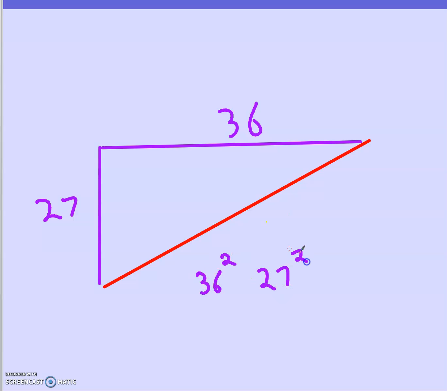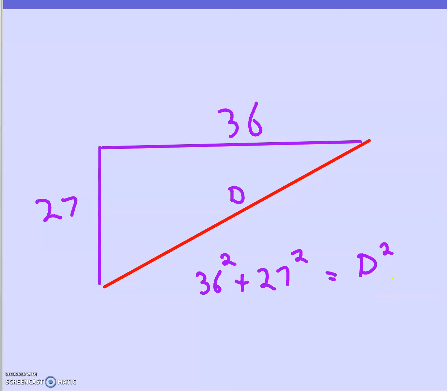We'll square each of those, and that's got to be equal to whatever this distance is squared. I call that D for distance, or C for whatever. In the end, we're going to square 36 and square 27, add them together, and then square root that to find out what D is.